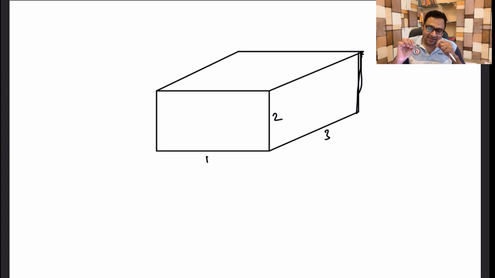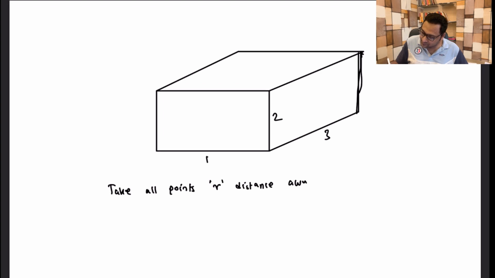So the way it says it is this, that take all points r distance away from some point on the prism.